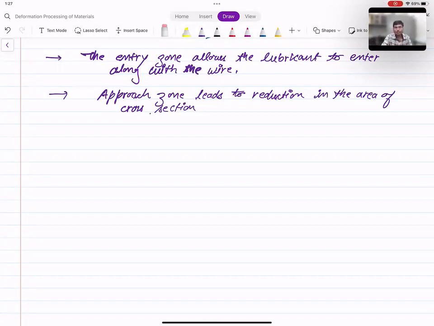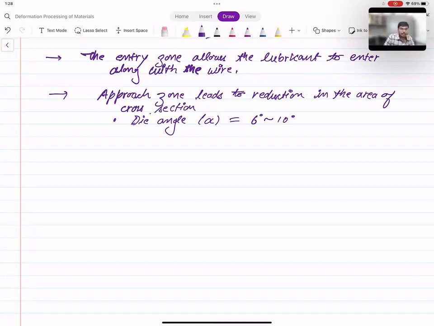Okay, so here the die angle alpha lies in the range of 6 to 10 degrees. This is the range of this approach angle.